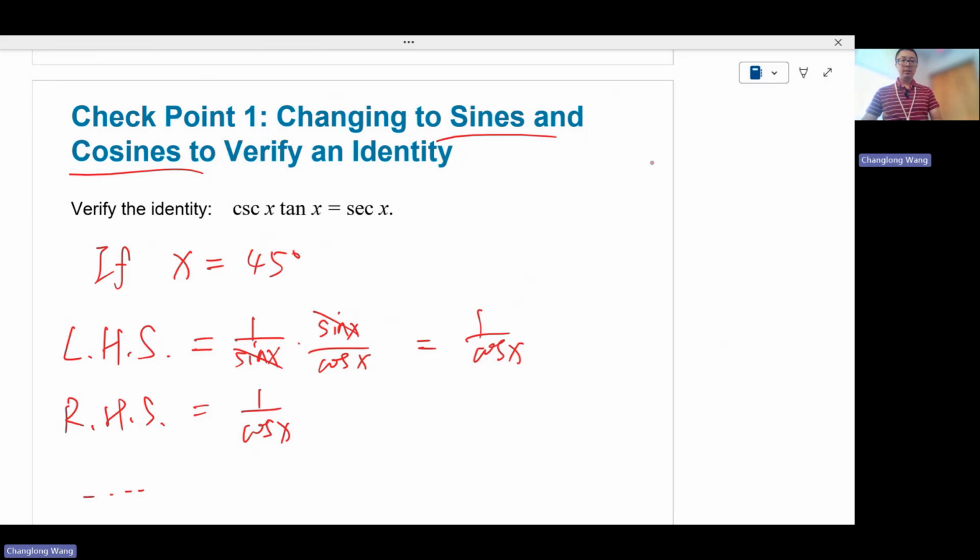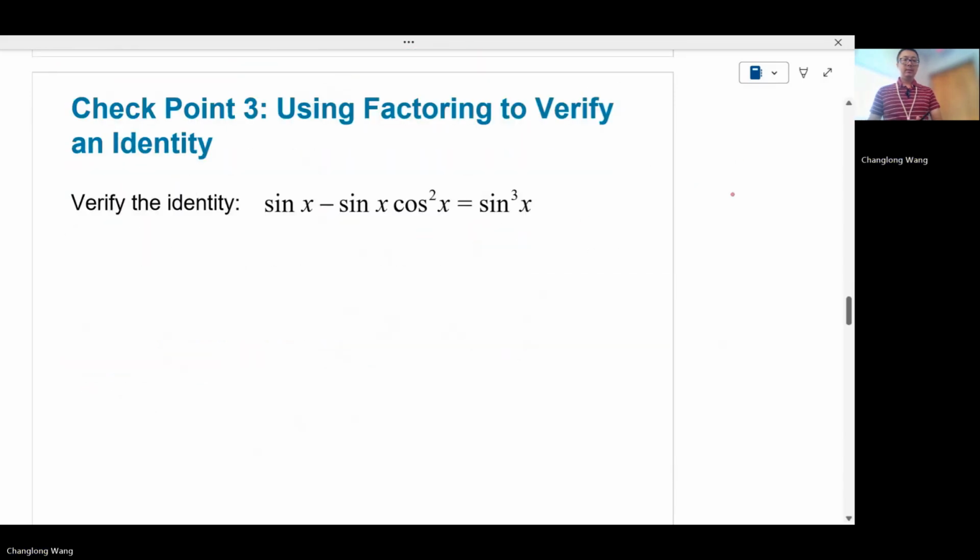All right, so now moving on. Now they say, hey, what about factoring? I know that sometimes it could be quite hard to visualize the factoring if things are not in a polynomial form.